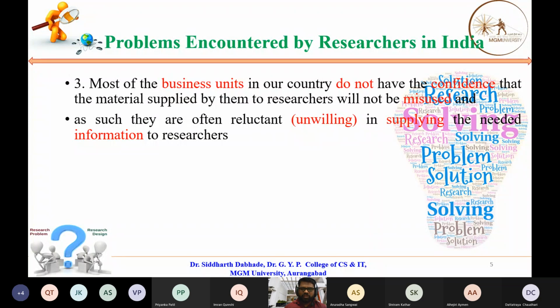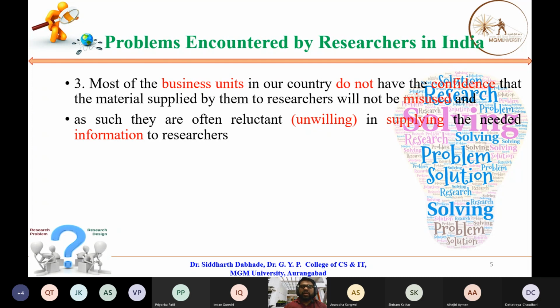In most cases, business units like industry face problems because they get feedback from their customers and workers. Even the industrial person doesn't know how to overcome this problem, and that problem is never shared with the researcher, because they think the researcher will misuse their data. Because of this thinking, they don't have the confidence to supply that particular data to the researcher.